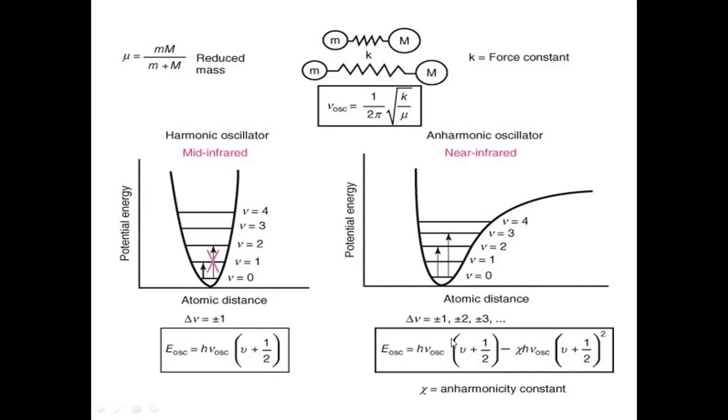In the case of an anharmonic oscillator, h nu into n plus 1 by 2 minus another term, that is chi, the anharmonic constant, where h is the Planck's constant, nu is the frequency, and then n plus 1 by 2 whole square. We will discuss the anharmonic condition.